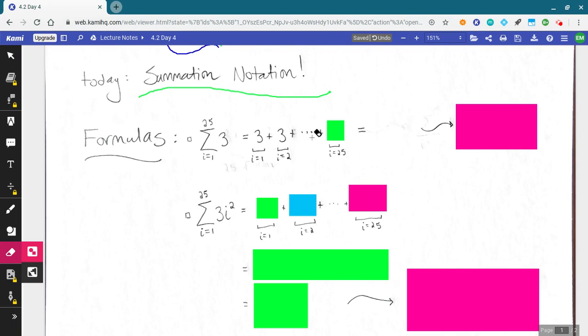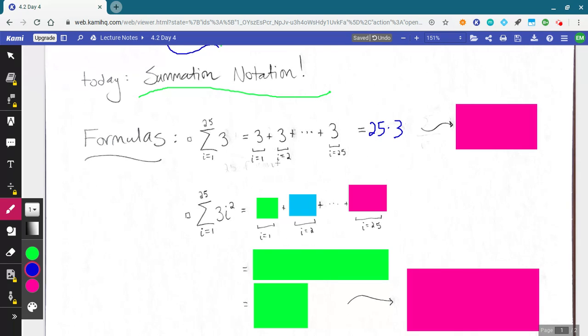And for i equals 3, i equals 4, all the way up to i equals 25, we're going to have 3. All right, and so we actually have 25 3's added up. And so, just thinking about how multiplication works, this is going to be 25 times 3, or 75, as that result.